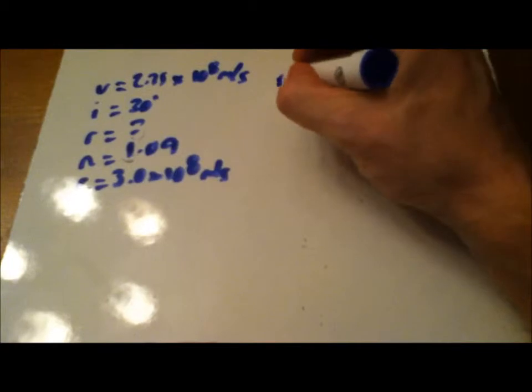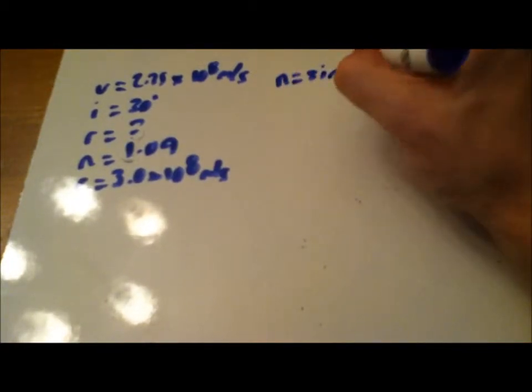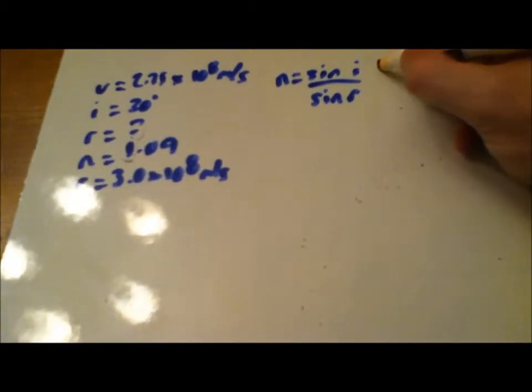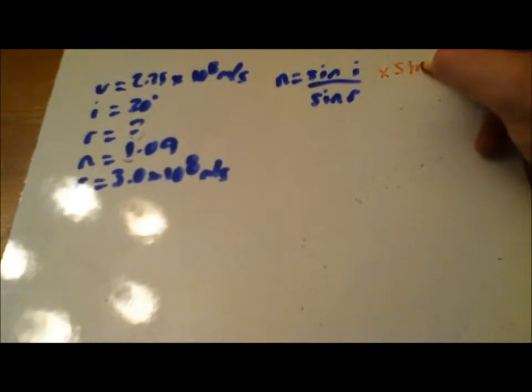And let's rewrite N equals sine I over sine R. So what we have to do now is rearrange this equation to isolate sine R on one side. So the way that we can do that is to multiply both sides by sine R.